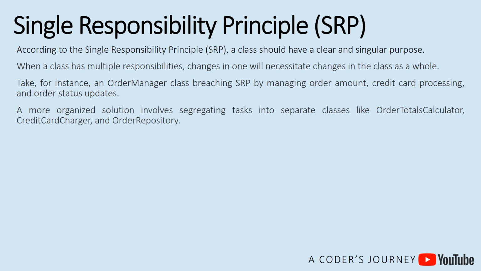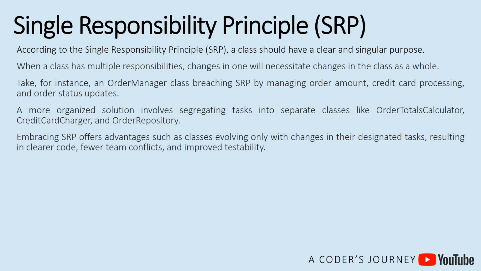A more organized solution involves segregating tasks into separate classes like order totals calculator, credit card charger, and order repository. As I told you, having more classes which are well defined and only have one single responsibility is of course much better than having one single class with multiple responsibilities.